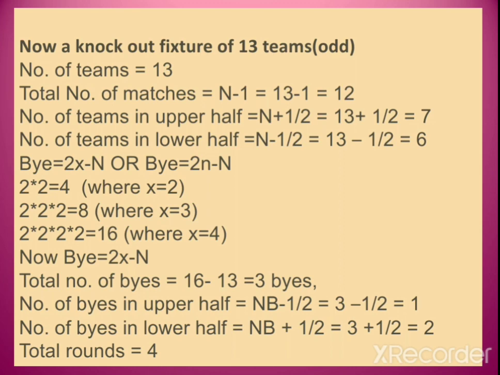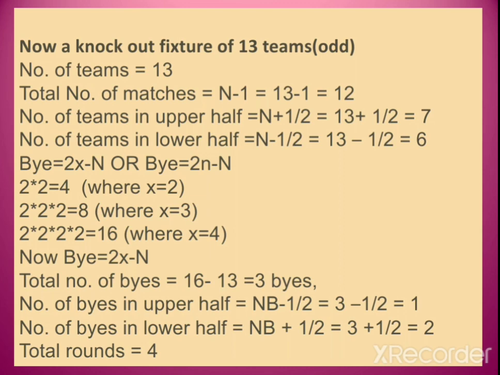In the case of an odd number of teams and odd number of byes, the lower half gets one more bye and one less team always. That's why the lower half is also known as the beneficiary half, because it has fewer teams, one team less always in case of an odd number, and in case of odd byes, the lower half always gets one more bye. So the number of teams in the lower half is n minus 1 upon 2, so 6 teams are there.